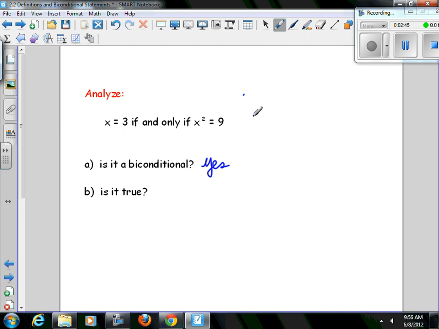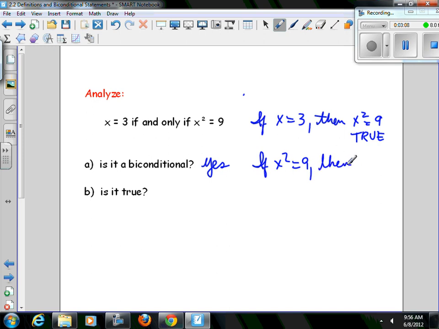Well, no, not always, because let's take a look now at both those statements. We said if x equals 3, then x squared equals 9. We said that was true. But going backwards, if x squared equals 9, then in order for this to be true, x would have to be 3, and that is false.